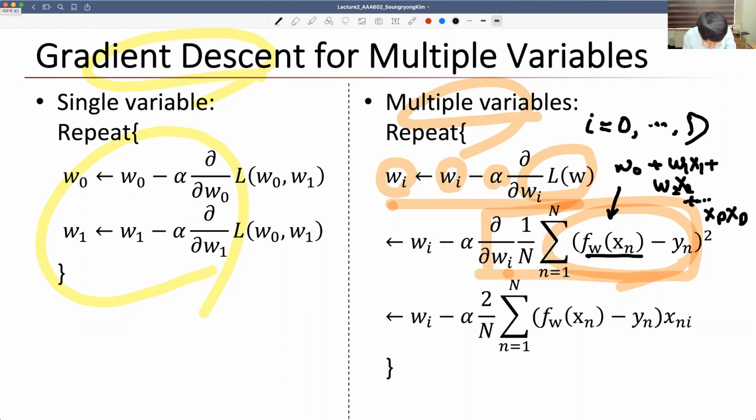Then if we compute the analytic gradient of this loss function, it looks like this with one more term, right? This term from here. So I strongly suggest you solve this one by yourself. It is related to the chain rule.